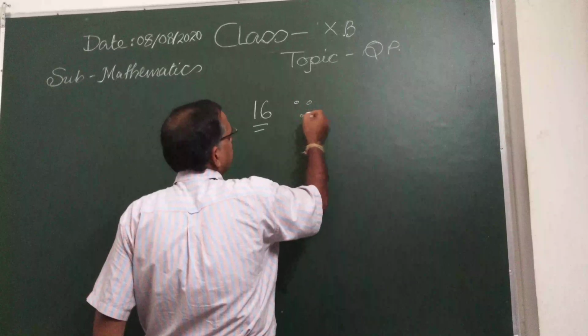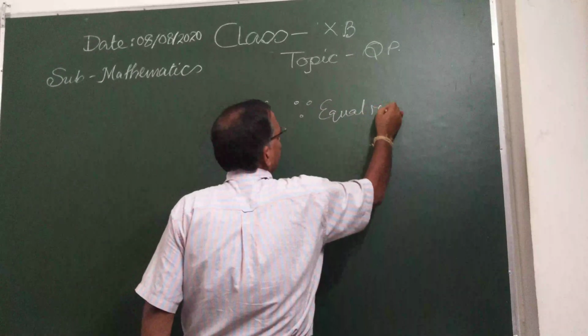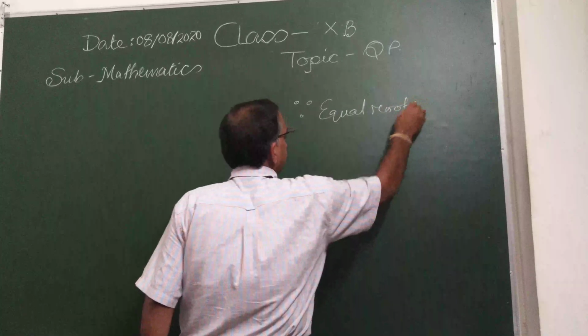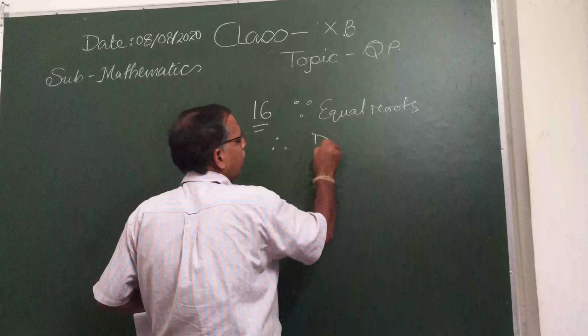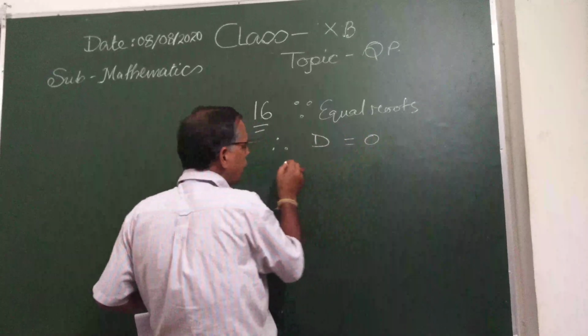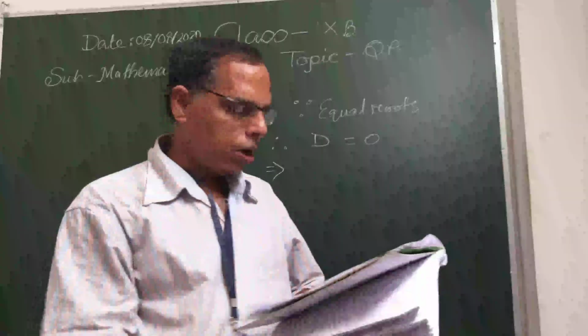Since equal roots, therefore D equal to 0. D equal to 0 means what? D means discriminant. Yes or not?